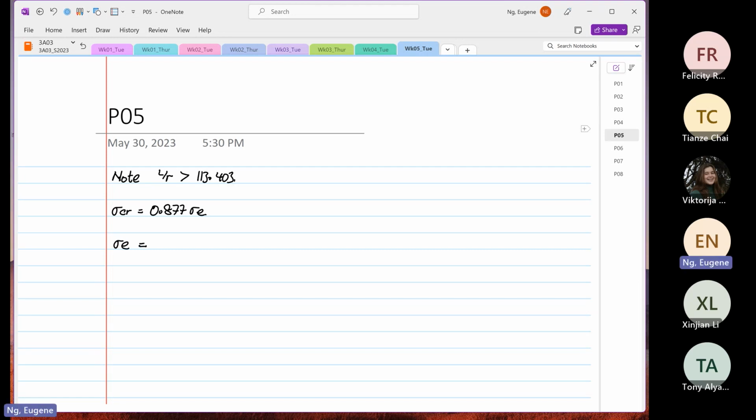So stress E is equal to pi squared E over (L over R) and then the whole thing squared. We have all these values.